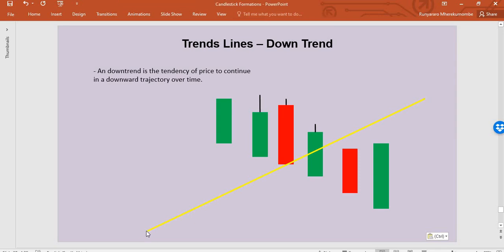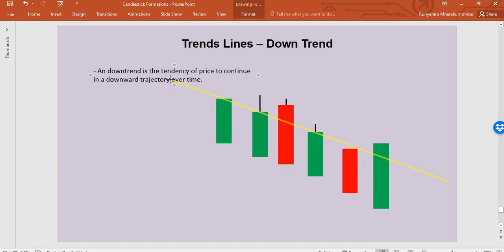So in this case, I'm going to bring this line that I have, and I'm going to put it there. And I'm looking at my swing highs of the green candles. Because in this case, I want to be looking at the closing price.